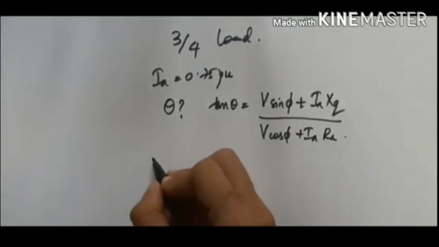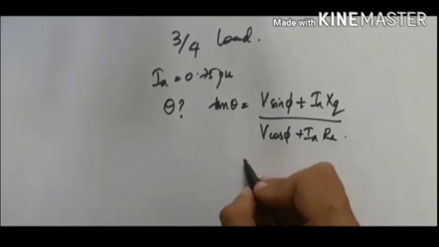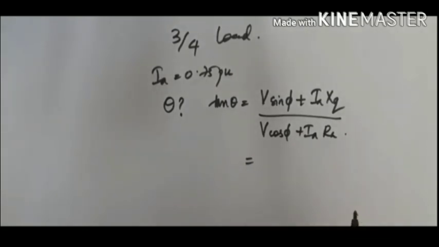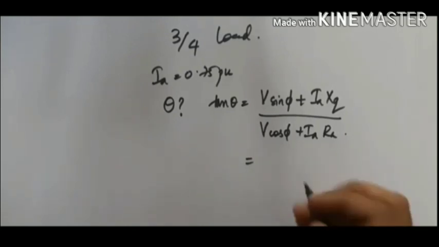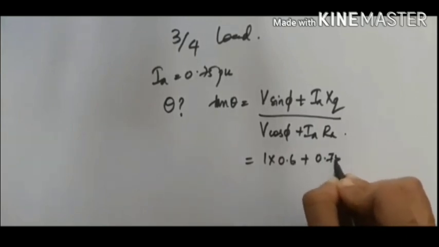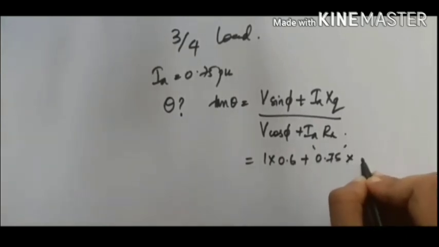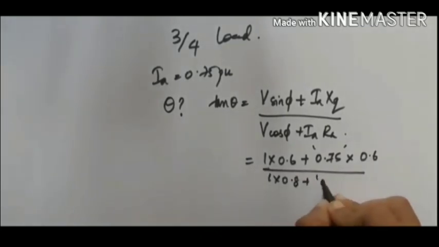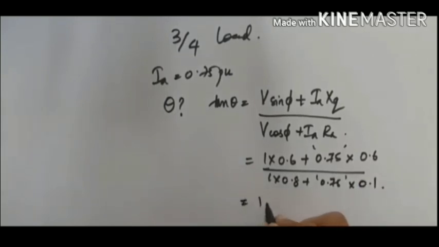So sin phi and all we have found earlier, sin phi is equal to 0.6, cos phi is 0.8, all the values we have. So directly substituting, tan theta is equal to 1 into 0.6 plus 0.75 into 0.6 by 1 into 0.8 plus 0.75 into 0.1, that is equal to 1.05 by 0.875, which is equal to 1.2.